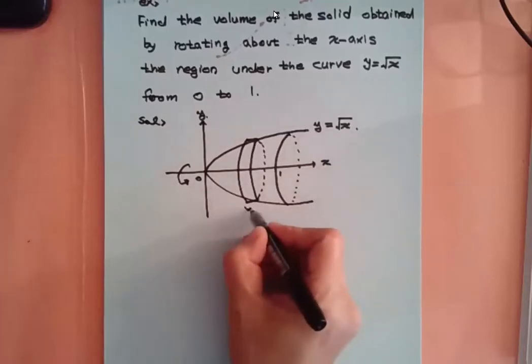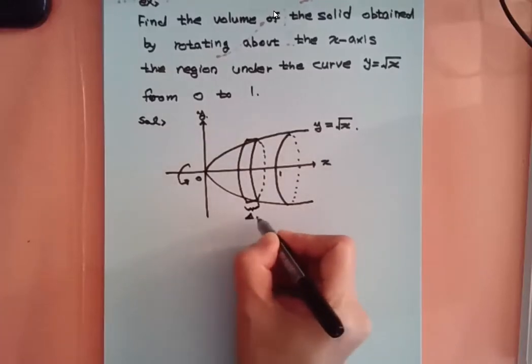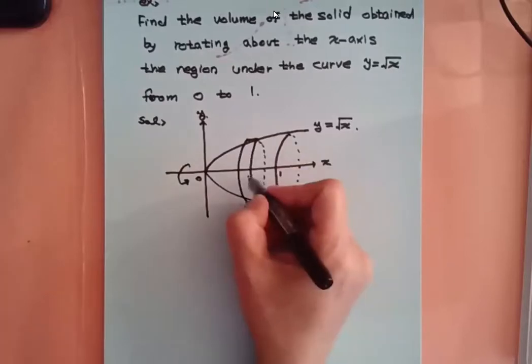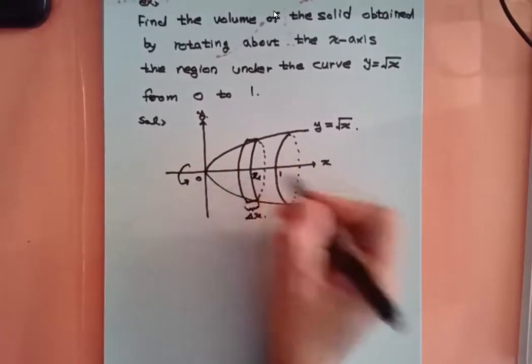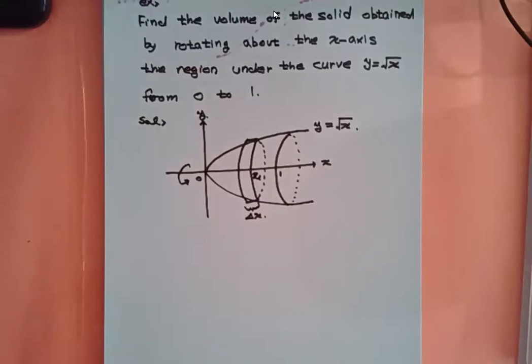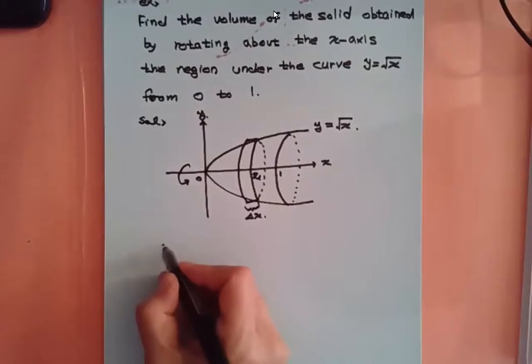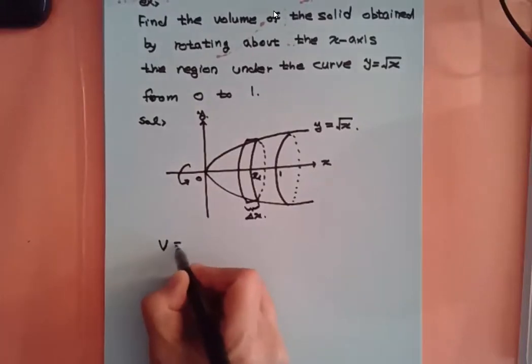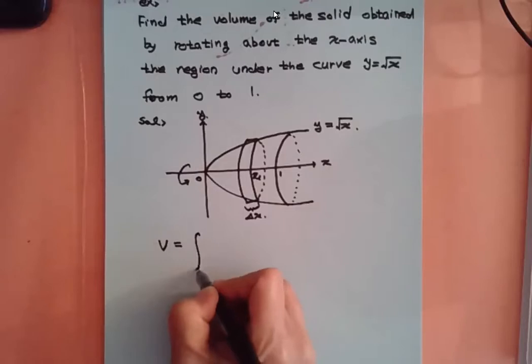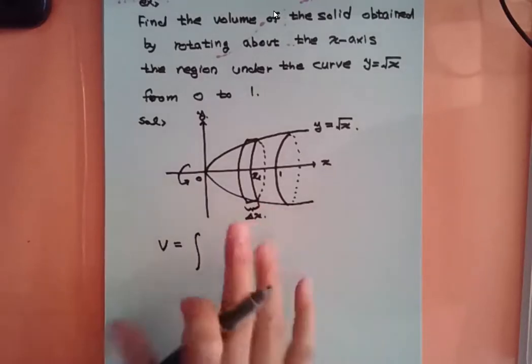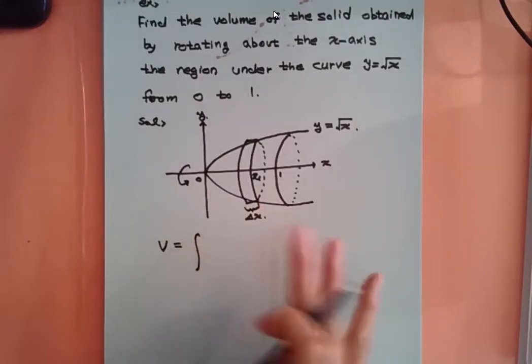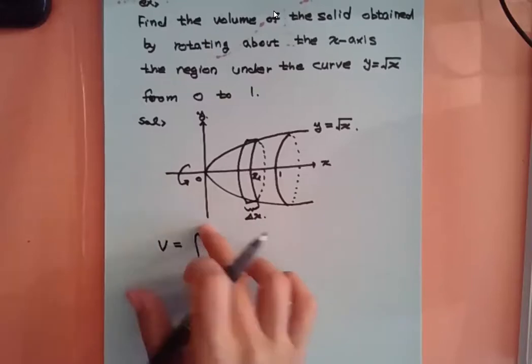So this is delta x, and this is xi. What we will do to set up the volume will be something to do with x and dx, and we have to state the x range.